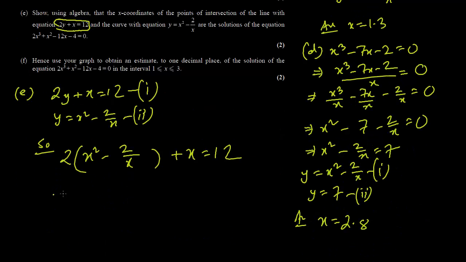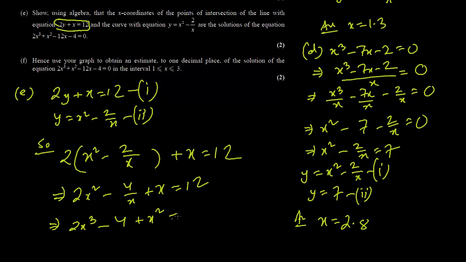So let's simplify. 2x squared minus 4 by x plus x equals 12. Let's multiply both sides by x. So it would be 2x cubed minus 4 plus x squared equals 12x. And let's bring everything on one side. 2x cubed plus x squared minus 12x minus 4. So shown, that's it. This is not using the graph, this is using algebra. So that's what we do.